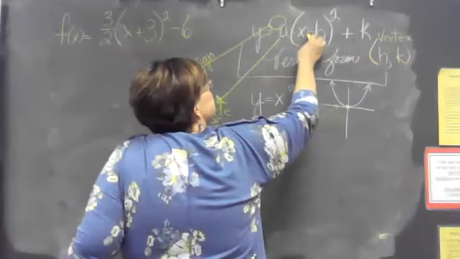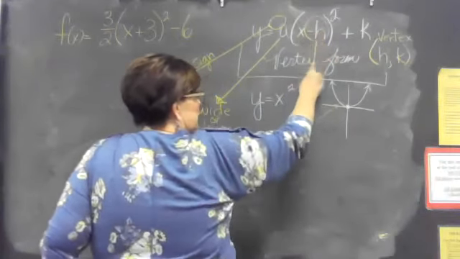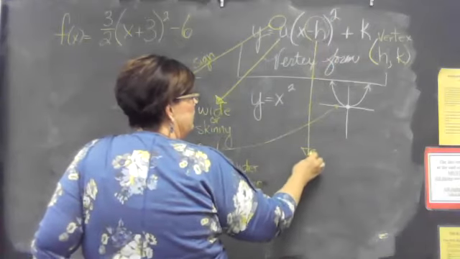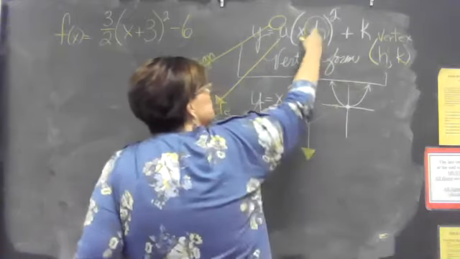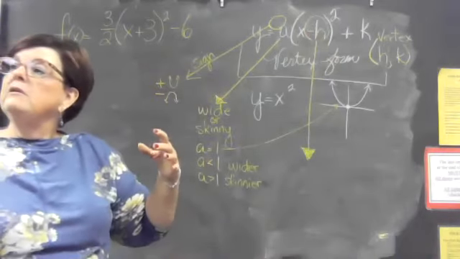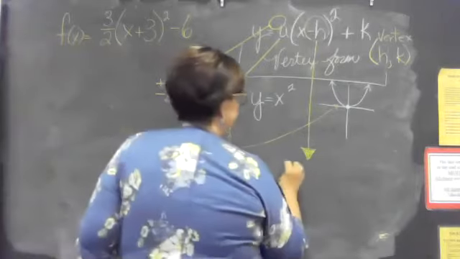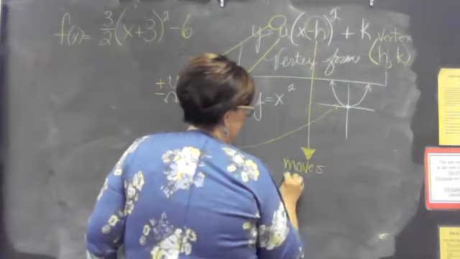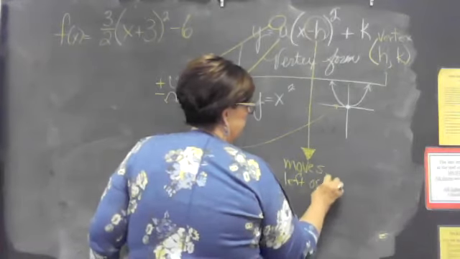So this H, I don't know if this is confusing you or not, but the H, which is, you've got to remember that the number that's here will move the vertex of the parabola left or right.